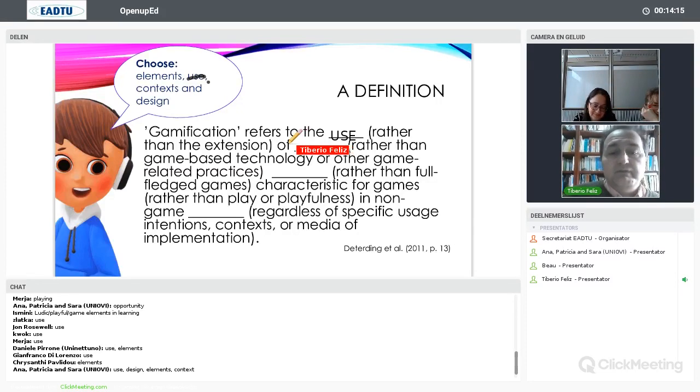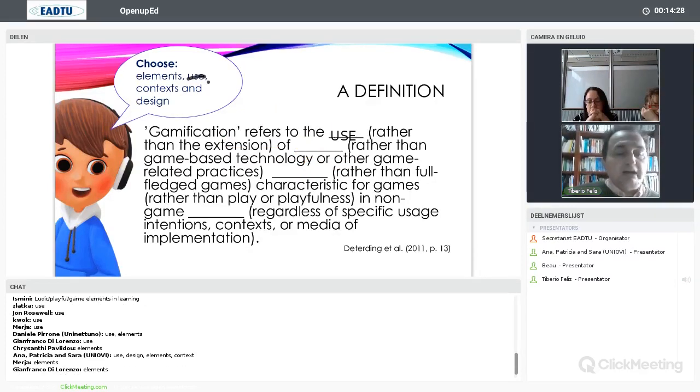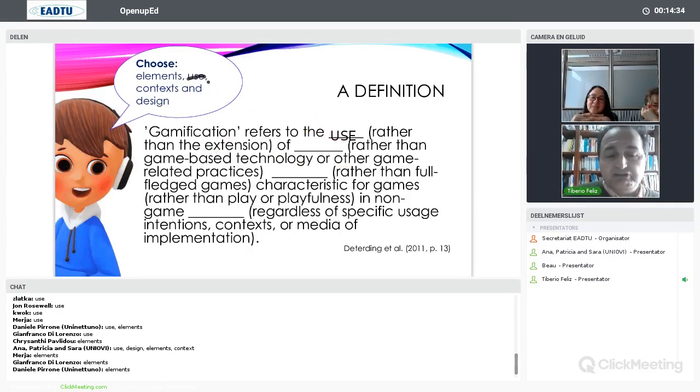Think about the use of this element combined with another word that is just there. So now you write one of them. Go. Elements, okay, that's right.